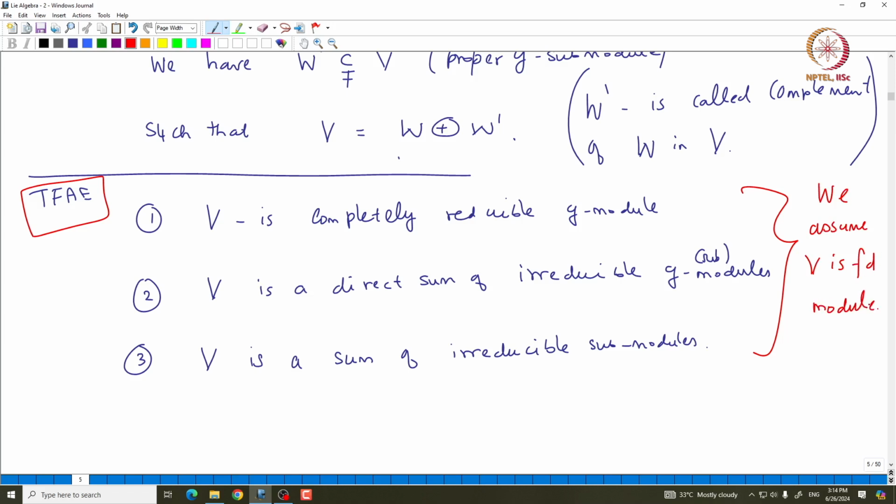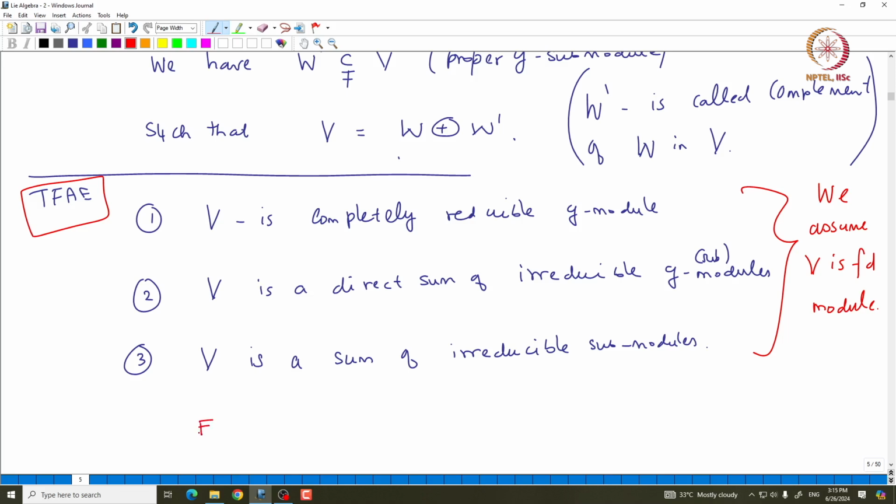Okay. So, what I am going to do is prove that 1 and 2 are equivalent. I will leave it as an exercise to prove that 2 and 3 are equivalent. It is easy to see that 2 implies 3. So, indeed one can prove that 1 implies 2, 2 implies 3, and then 3 implies 1. One can try to prove in all possible directions.